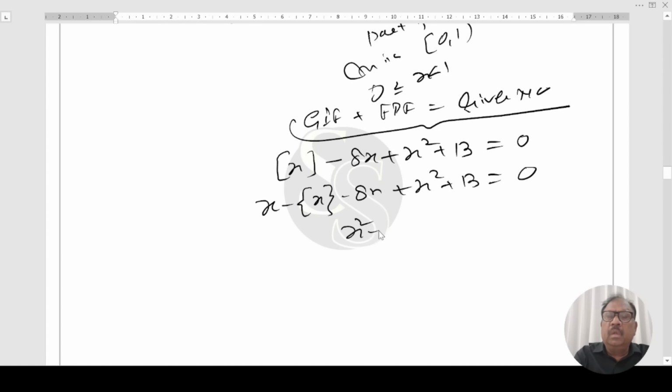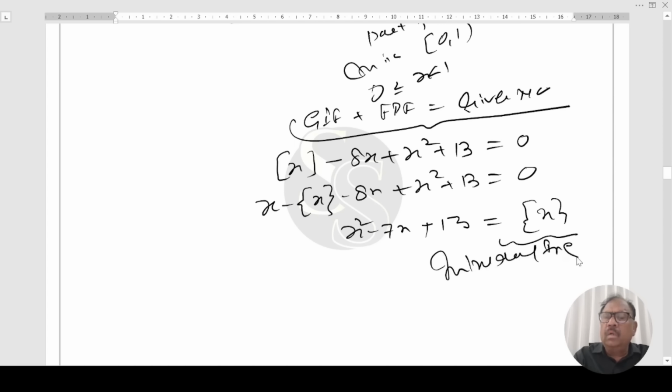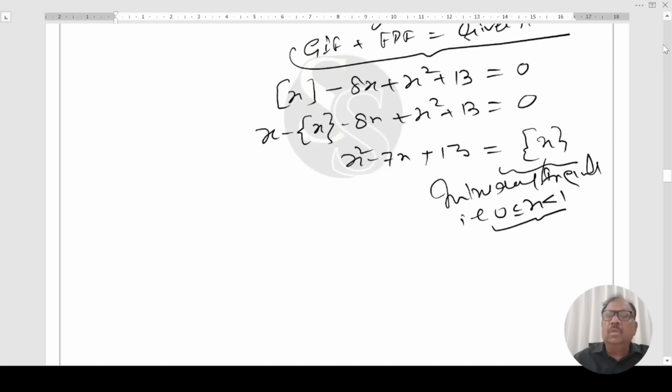So x square minus 7x plus 13 equals the fractional part function. Now introducing the inequality, that is the fractional part belongs to 0 to 1. Okay? So therefore x square minus 7x plus 13 will lie between 0 and 1.